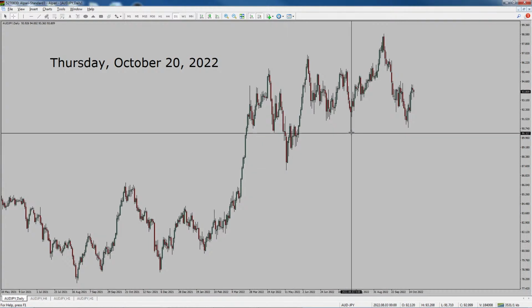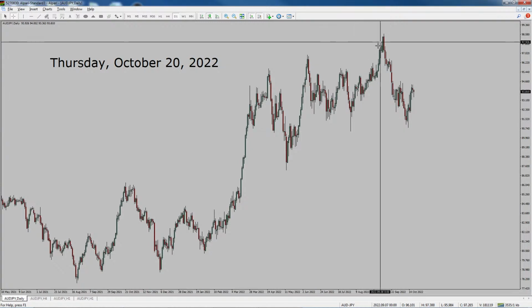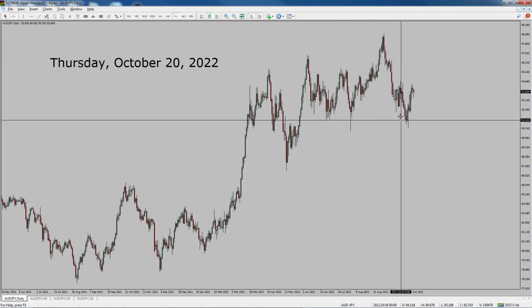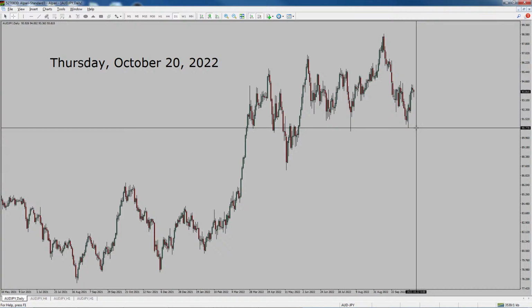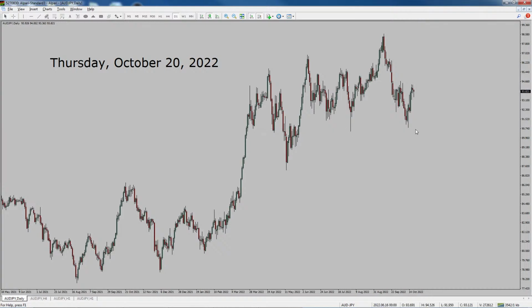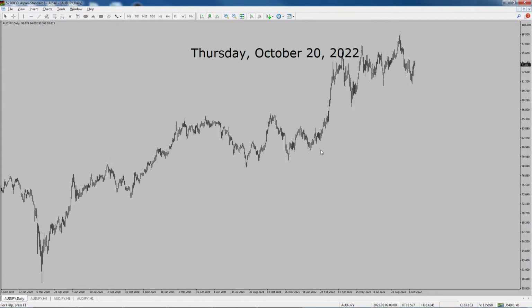So price is basically printing higher swing highs and higher swing lows. However, this is a nice collapse in the market, and let's look at the internal wave structure.